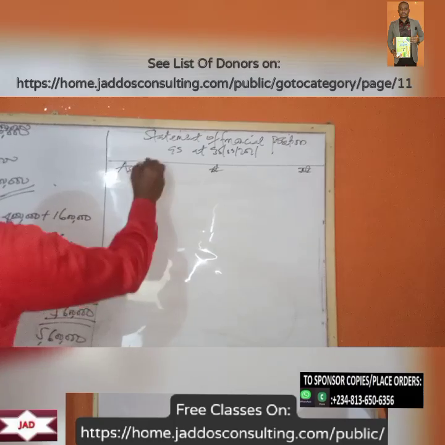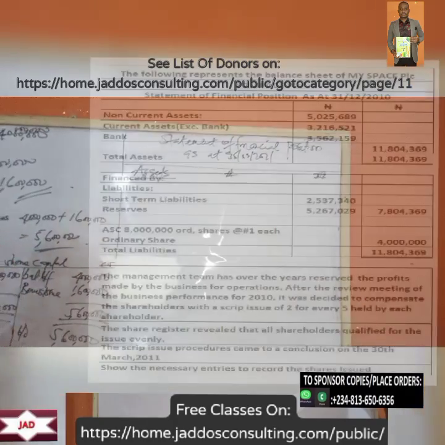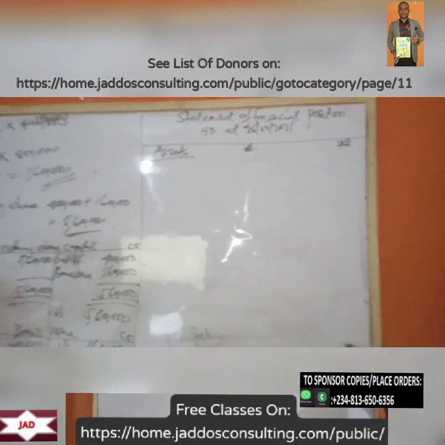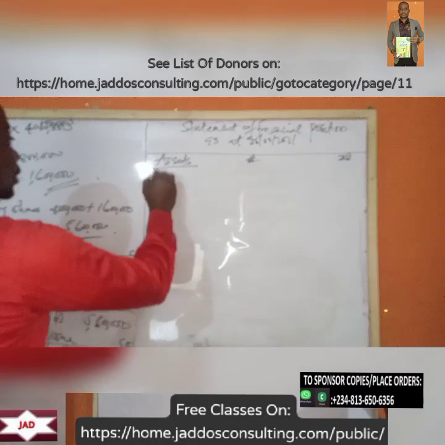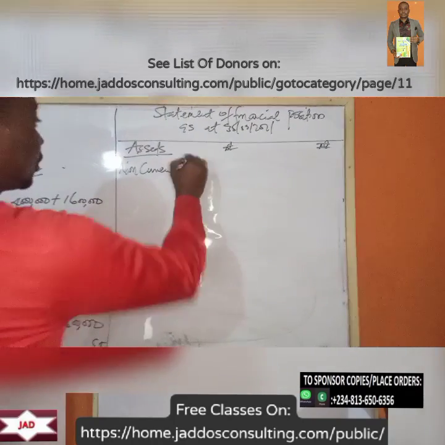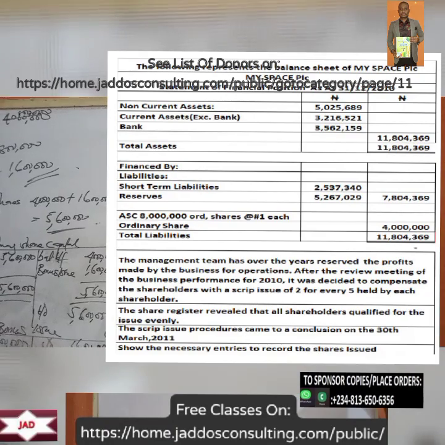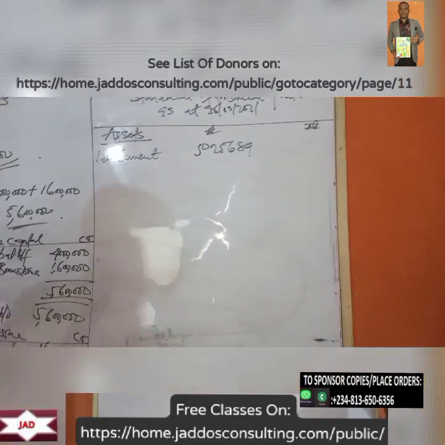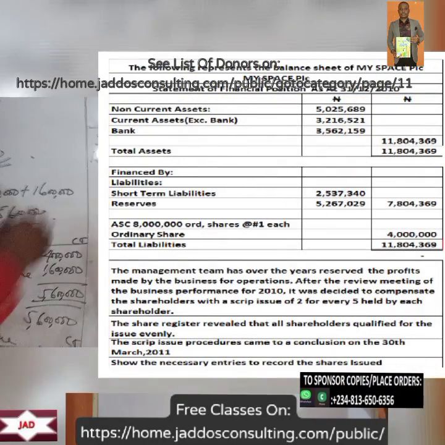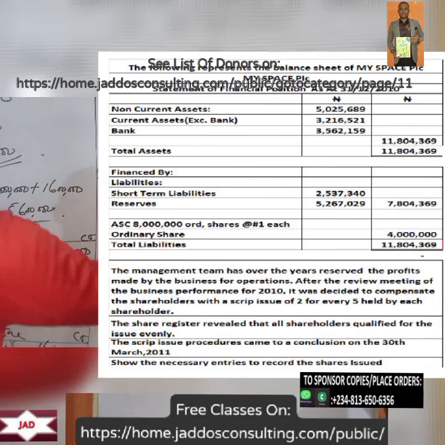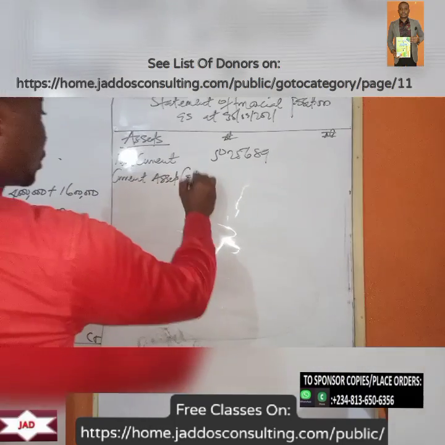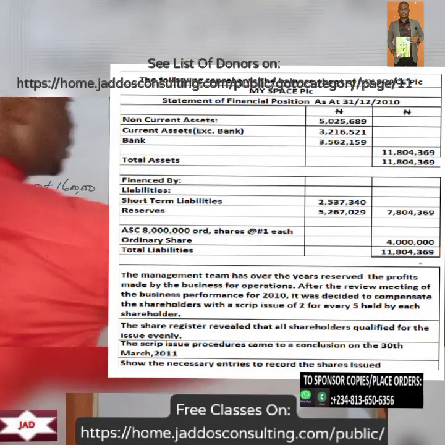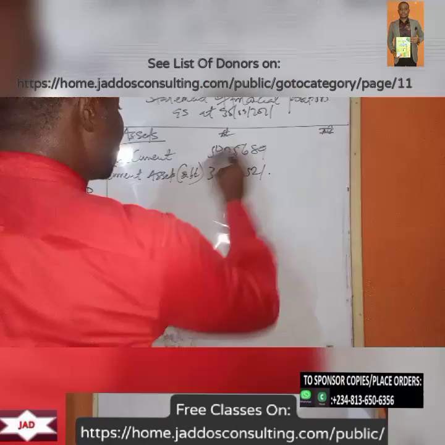We have the assets. So what are the assets according to the question? Non-current. What's the non-current asset there? 5025689. Current asset excluding bank: 3216521.